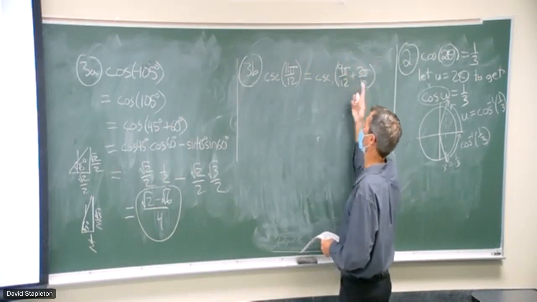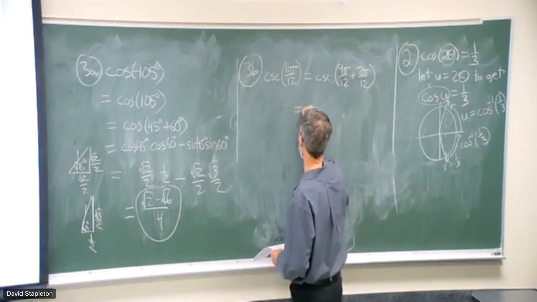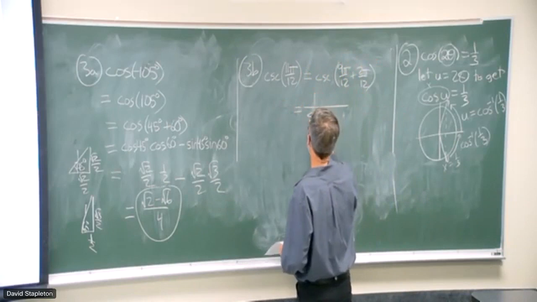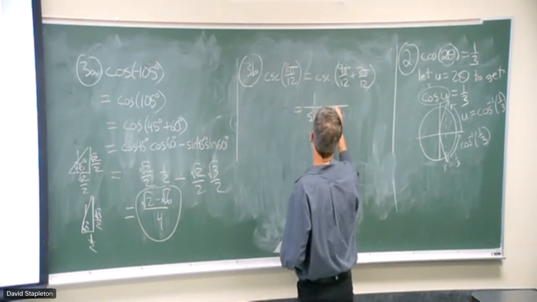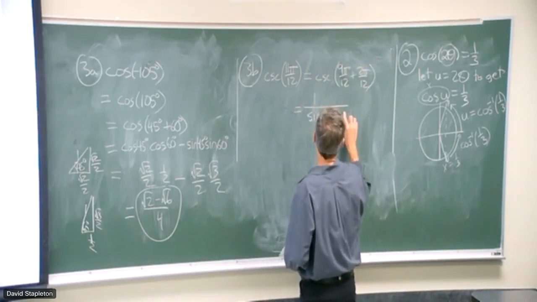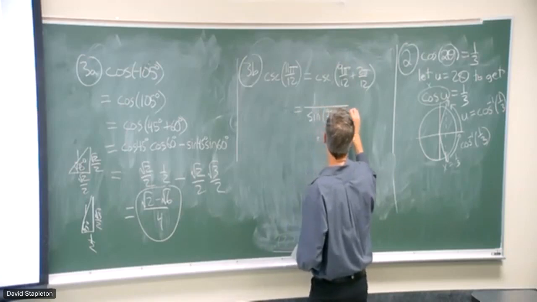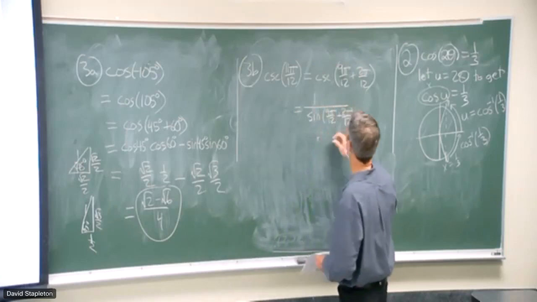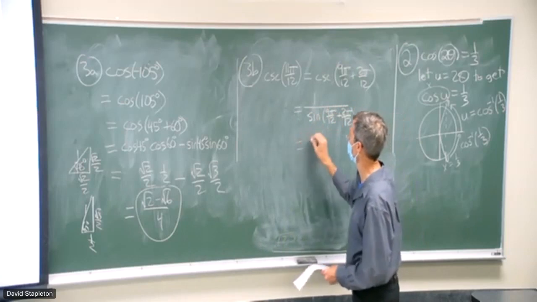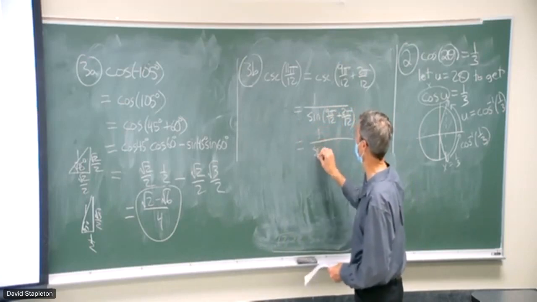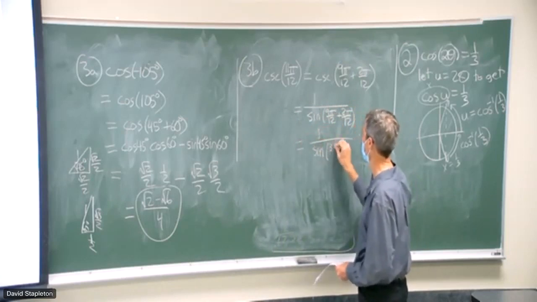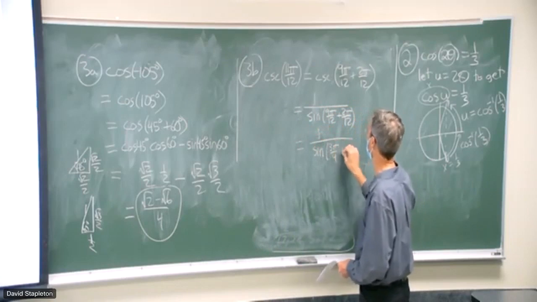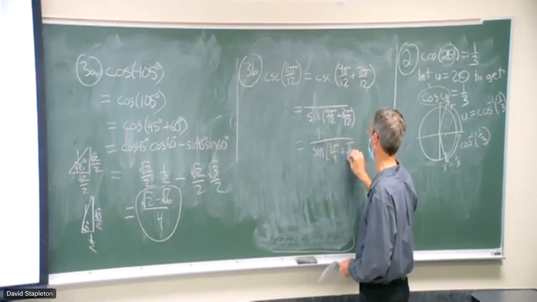And then I don't have a sum of angles formula for cosecant, so I rewrite it as 1 over sine of the sum of special angles. And then I'll rewrite those in the way we're used to. 9 pi over 12 is 3/4 pi. 2 pi over 12 is 1/6 pi.